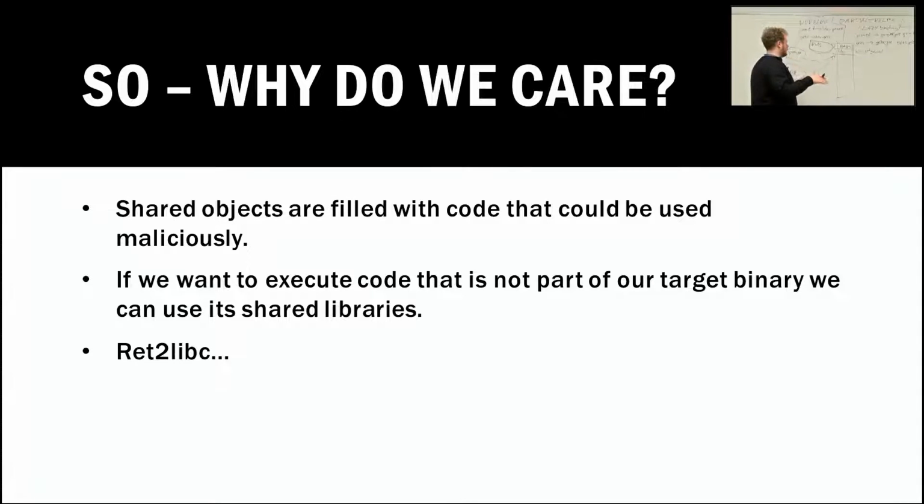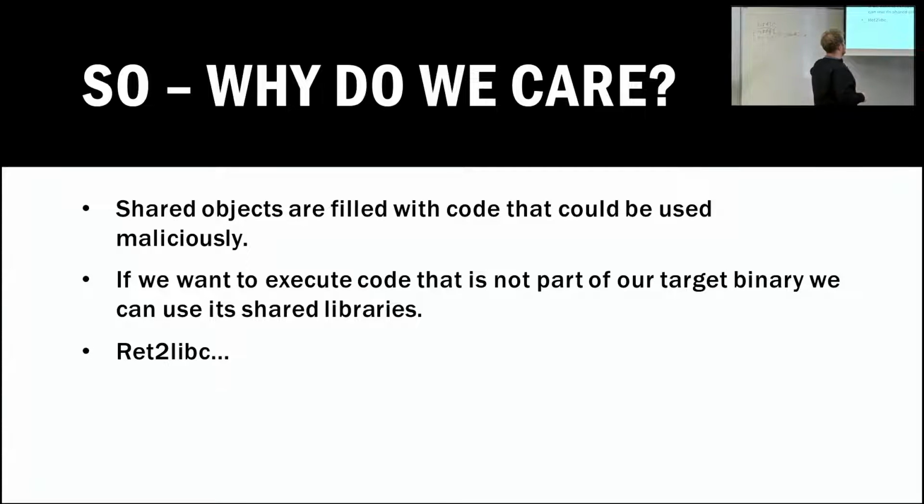But as soon as that code is linked to a library that has hundreds of thousands of lines of code, then all of a sudden the attack vector for us widens just by using code from the library. This is mostly why we care about it, because we want to use that code to exploit the binary. And that's where return to libc comes in.